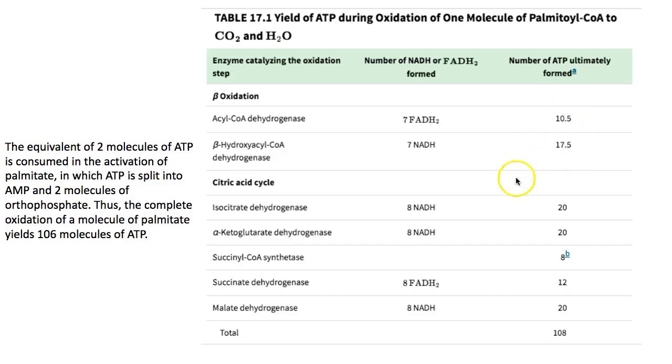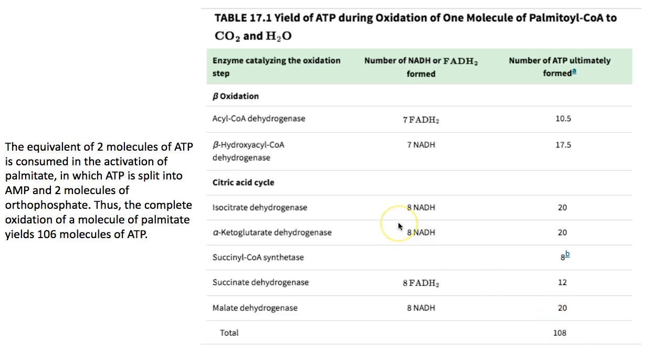The citric acid cycle produces more ATP, but we'll go into more detail about that later. And you have an overall of 108 ATP being created.